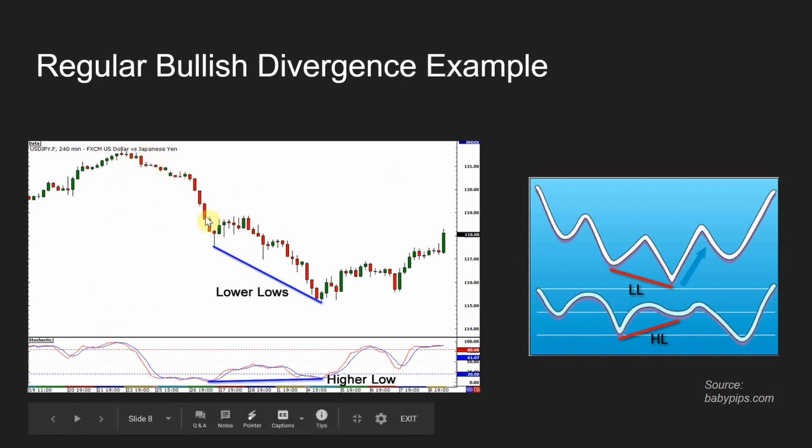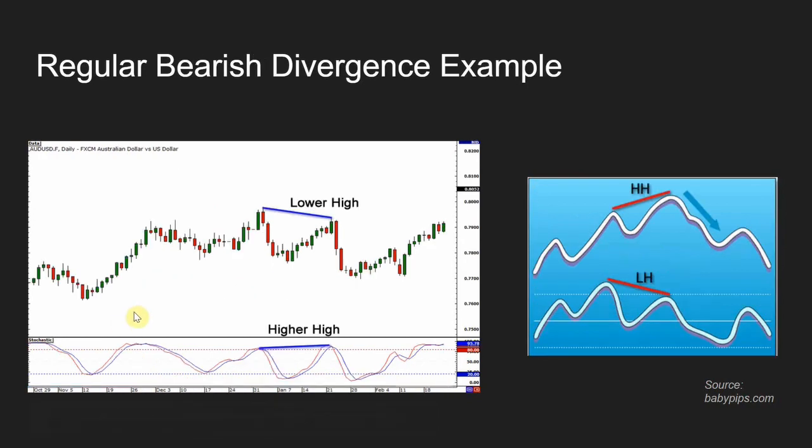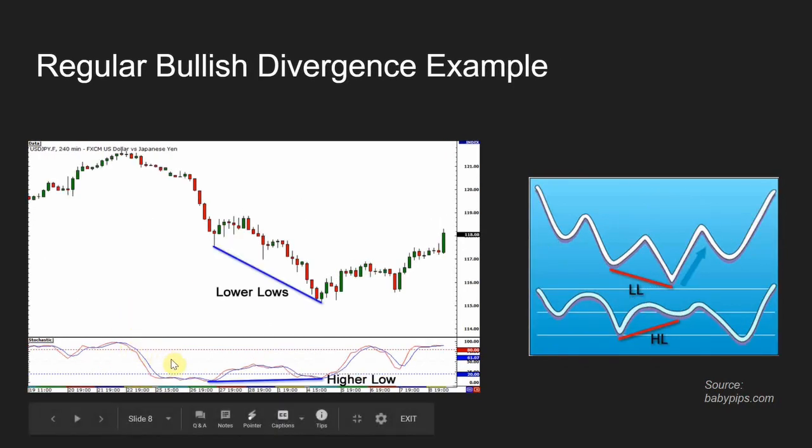Price goes down and the oscillator goes down. Price then pulls back, oscillator pulls back. Price then goes down to make a lower low. But then the oscillator pulls back down again, but it doesn't get to the lower low. It creates a higher low, creating a regular bullish divergence.